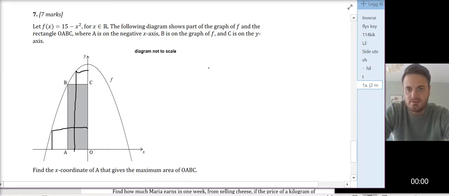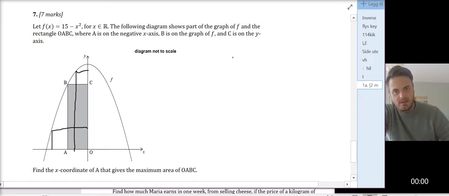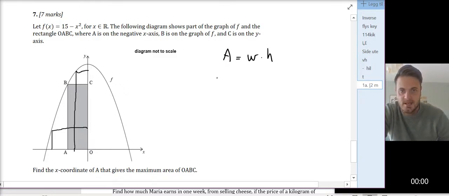The first thing we have to do is to find a function which can give us the area of this rectangle. You should start with putting up the formula for the area of a rectangle, which is width times height, and the width here is equal to the x coordinate of A. If A is here on -2, or we can look at this as the absolute value of the x coordinate, right?